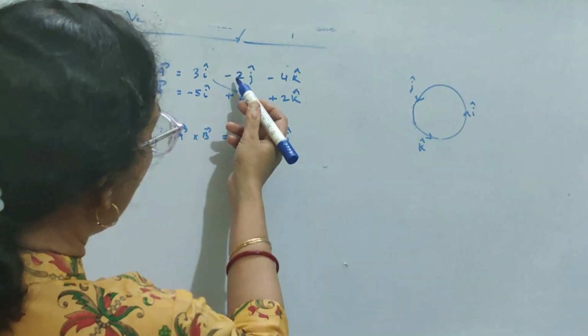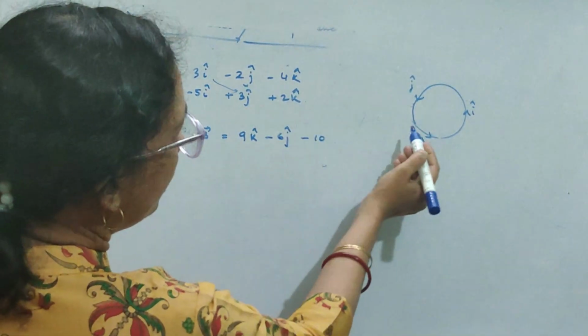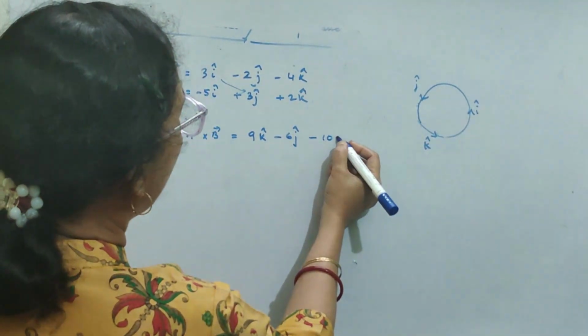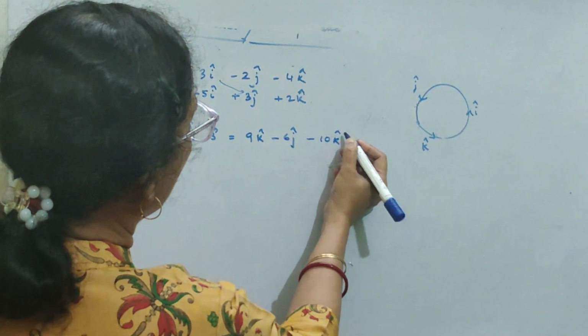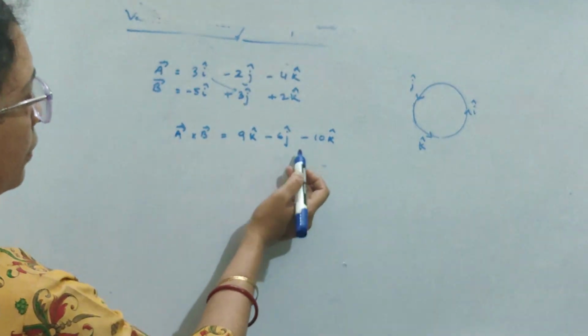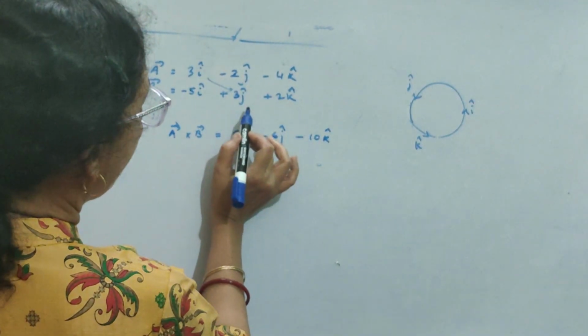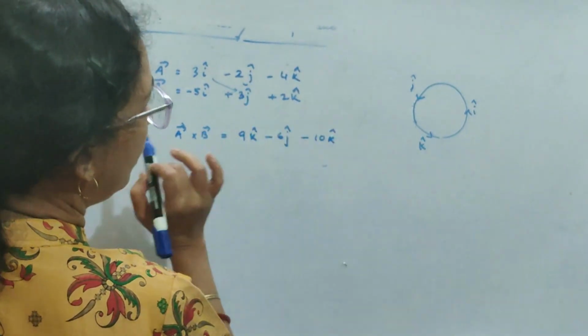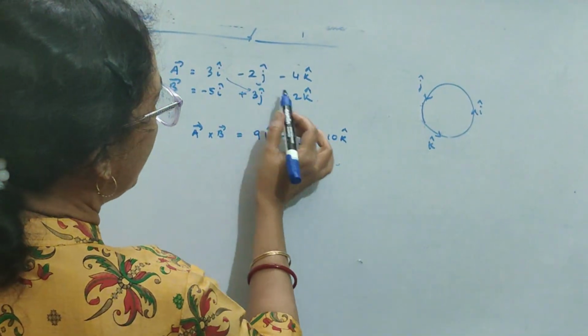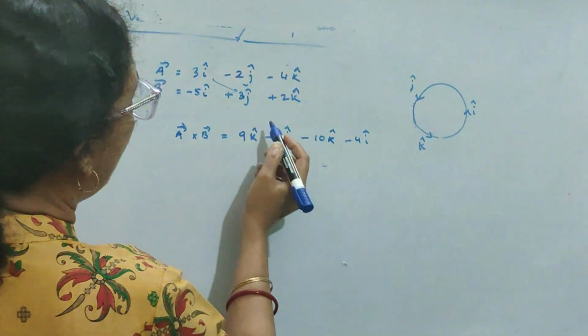Then I take this 10. j cross i is minus k, so I get the minus, because minus into minus is plus, but j cross i is minus k, so I have kept the negative sign. And j cross j is 0, j cross k is i, and minus 2 into 2 is minus 4, so minus 4i.